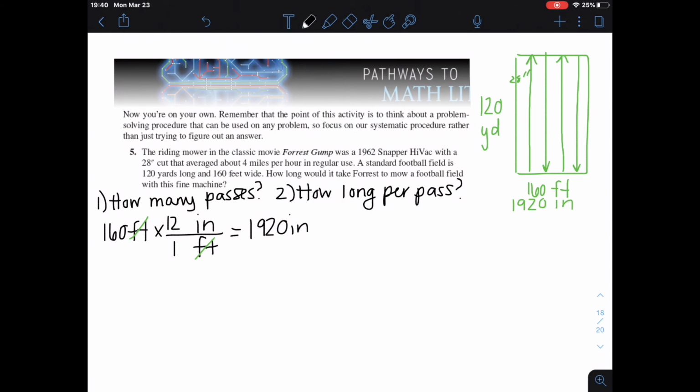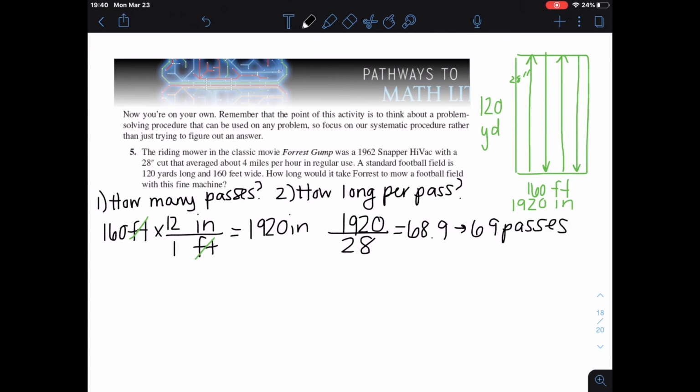Since each cut is going to be 28 inches, we want to see how many times 28 goes into 1,920. So we want to take this 1,920, divide it by how wide each cut is, and you'll see this is going to equal 68.9, but he can't make 0.9 of a cut, so he's going to make 69 passes.